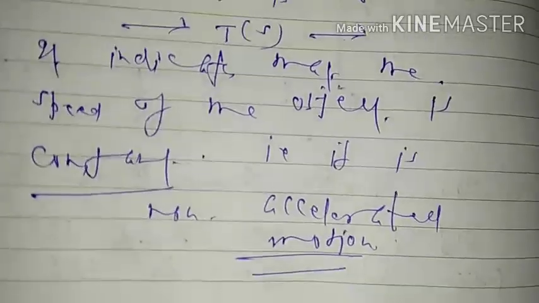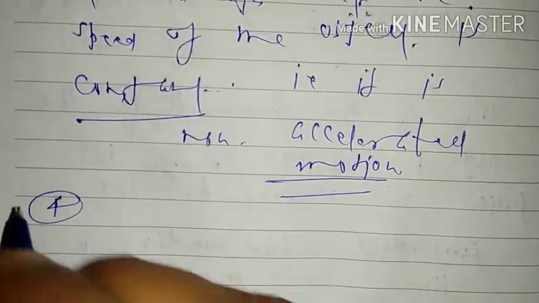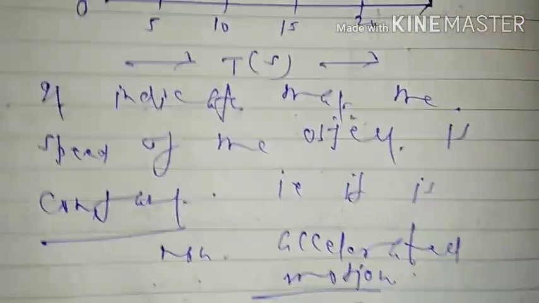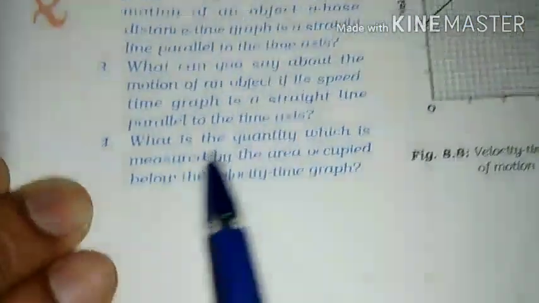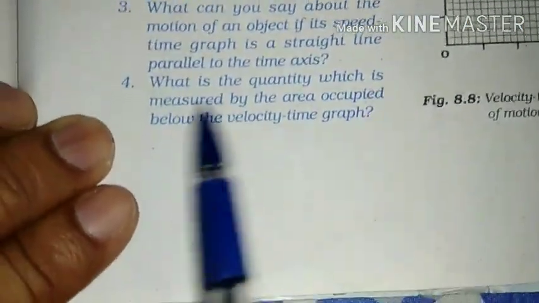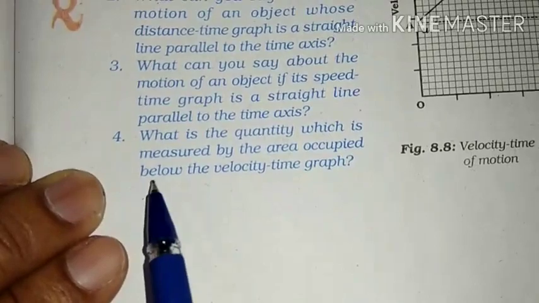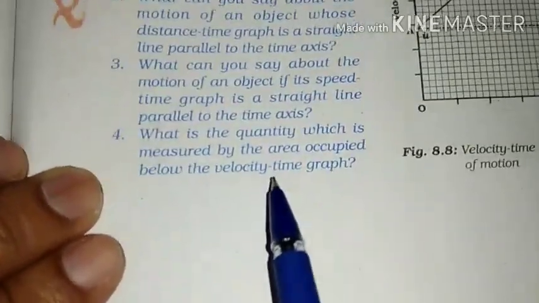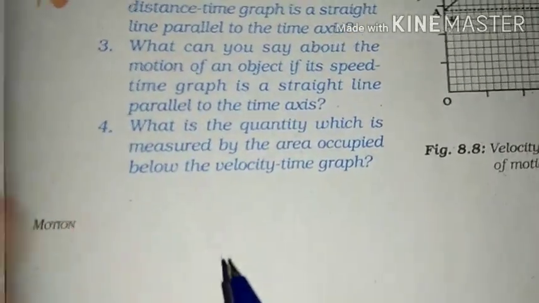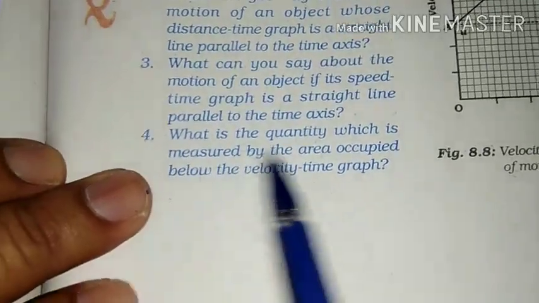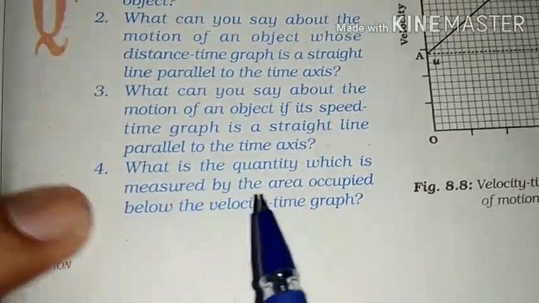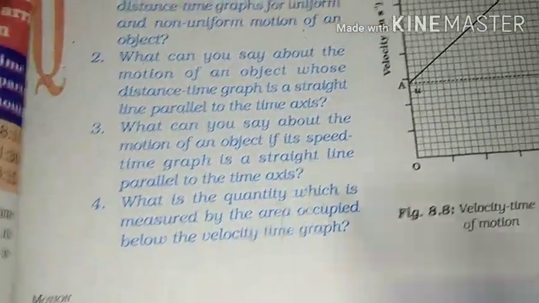Now next, question number 4. What is the quantity which is measured by the area occupied below the velocity-time graph? In our last two lectures, I have explained it clearly and the articles are given here.